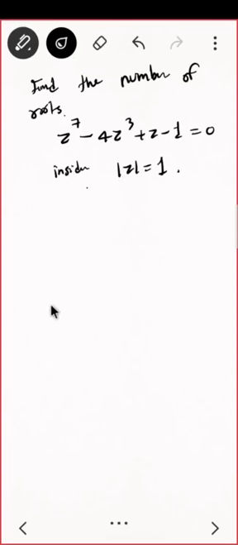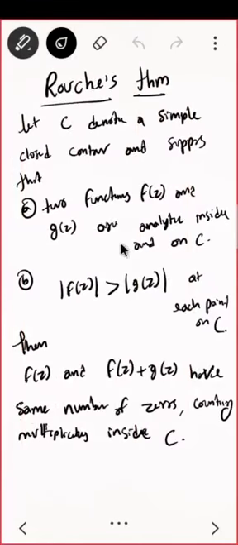So it is easy in this case if I use Roche's theorem. Roche's theorem says: let C be a simple closed contour, and suppose that two functions f of z and g of z are analytic inside and on C, and you are also given mod f of z is greater than mod g of z at each point on C, then f of z and f of z plus g of z have the same number of zeros.